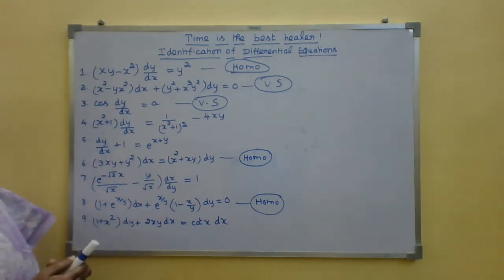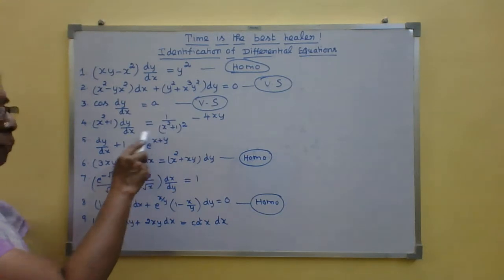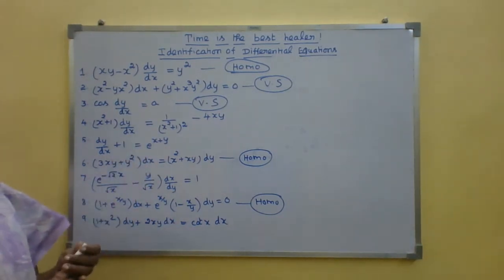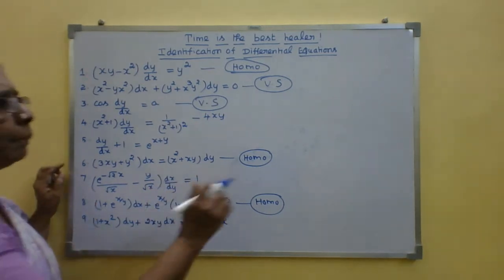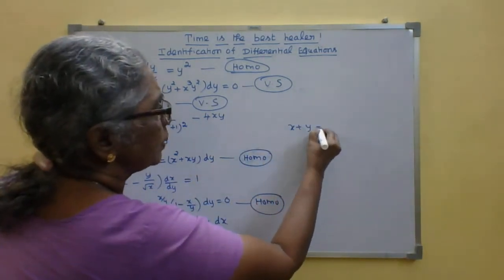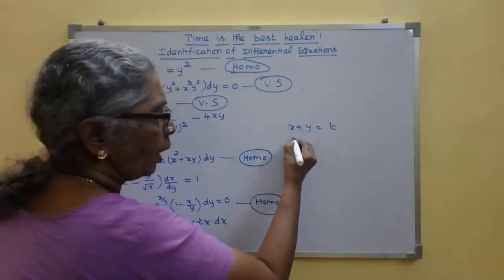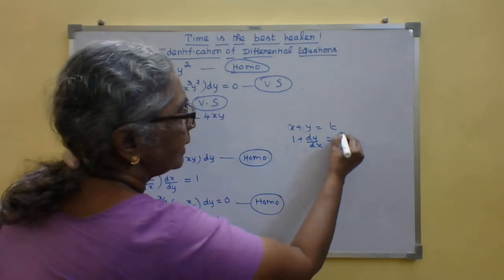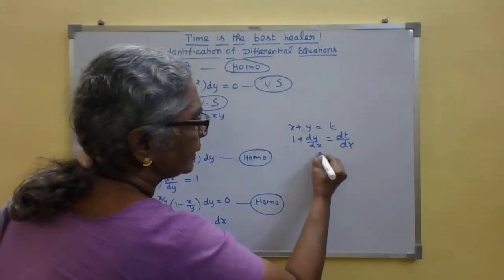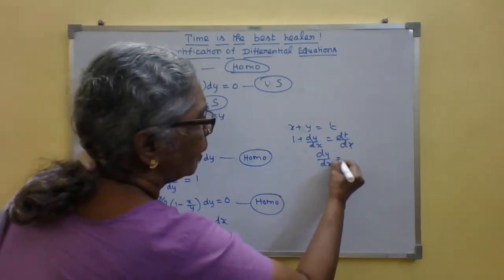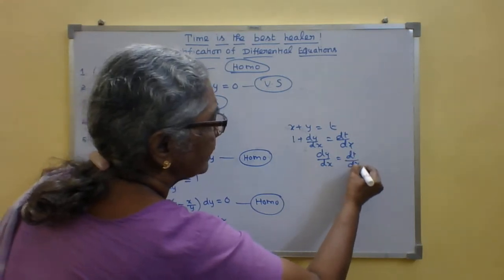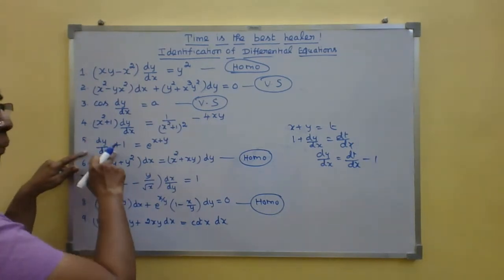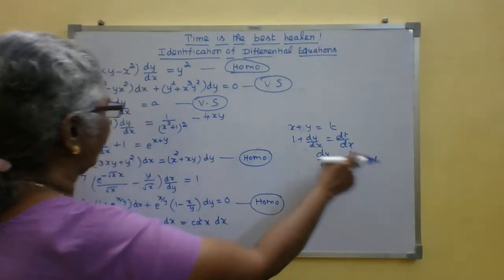So now what I will do is, I will substitute that x plus y as some t, okay? Then it will become equations reducible to variable separable. That is, put your x plus y as t. You differentiate now with respect to x, 1 plus dy by dx is equal to dt by dx, or your dy by dx will become dt by dx minus 1.